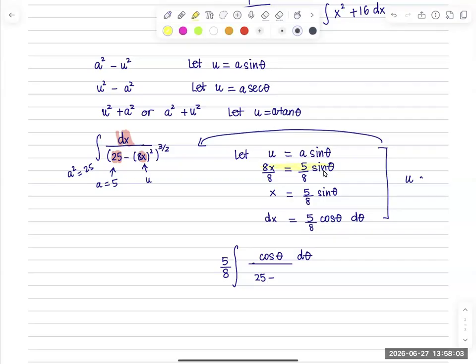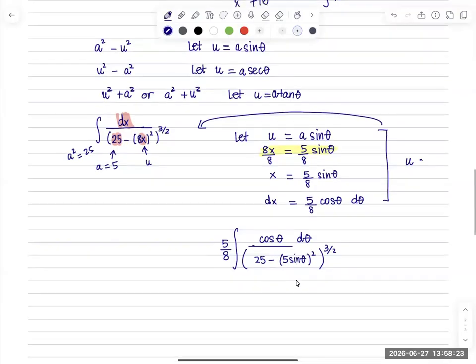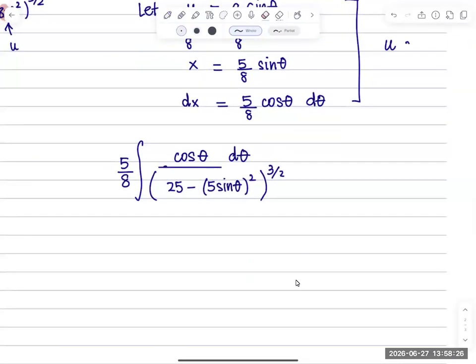So it's going to be 5 sine theta, and the whole thing squared, then to the power 3 over 2. Since this is (5 sine theta) squared, I square the 5 and square the sine theta as well. So this turns into 25 sine squared theta, and the whole thing to the power 3 over 2.